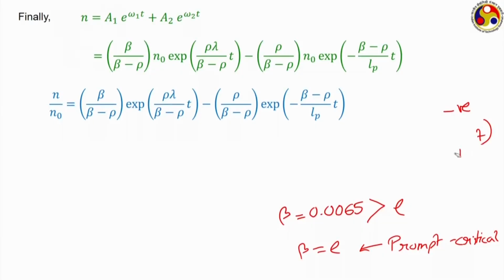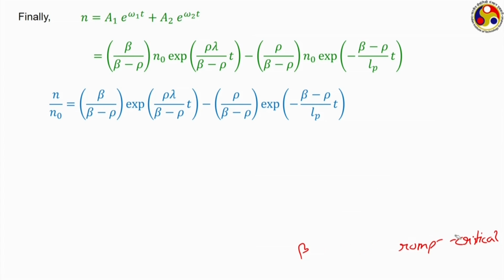So, in a nutshell, the entire concept of controlling a nuclear reactor using delayed neutron kinetics is to maintain the value of rho quite close to beta or maybe less than beta, or I can summarize as rho has to be less than or equal to beta.